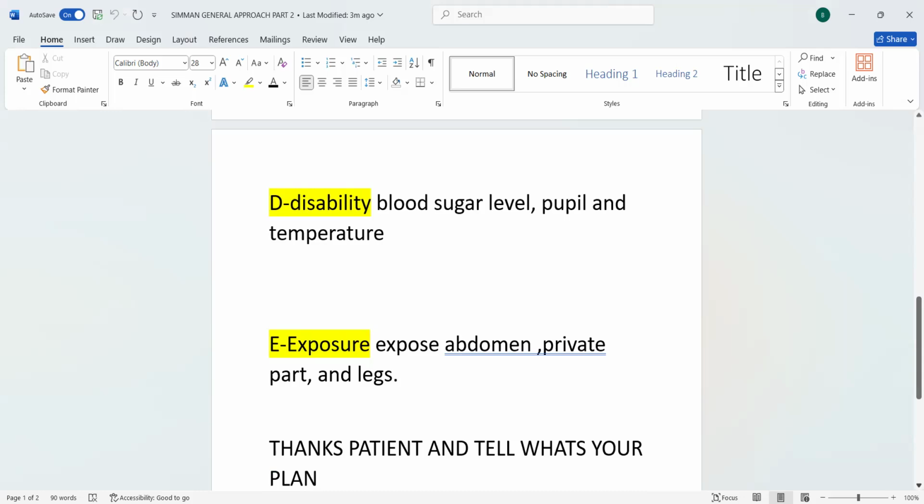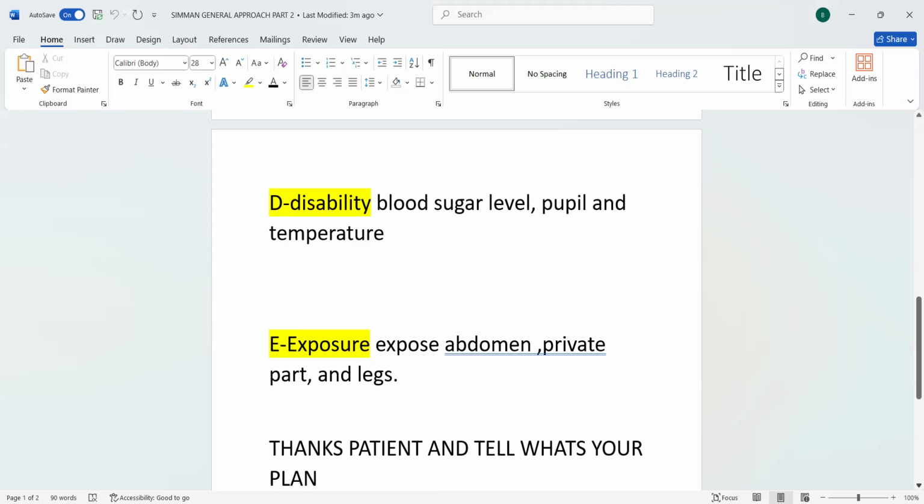Then quickly check the private part for any bleeding or anything else. Then go to his legs and uncover them, looking for any redness, swelling, or change in color distribution of the leg. At that point, you can check his pulse on the dorsalis pedis artery.